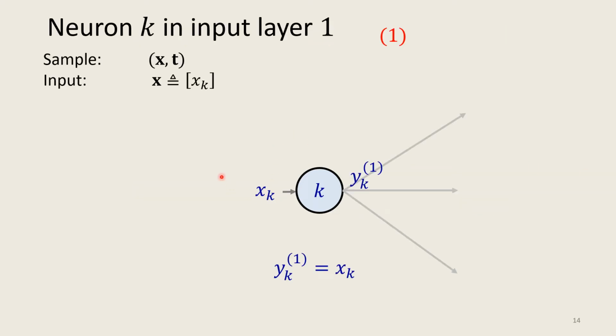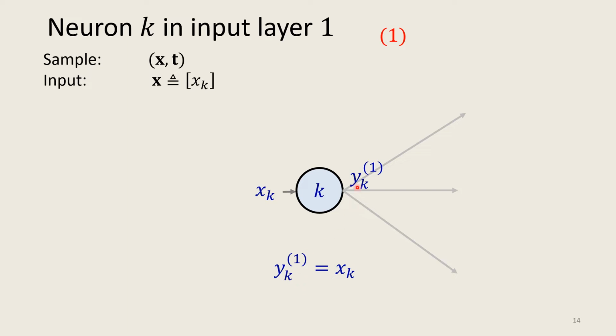This is the first layer, layer 1. And this is the sample input X. Layer 1 neurons receive the elements of this vector X. And the output of each such neuron, K, is simply Xk.